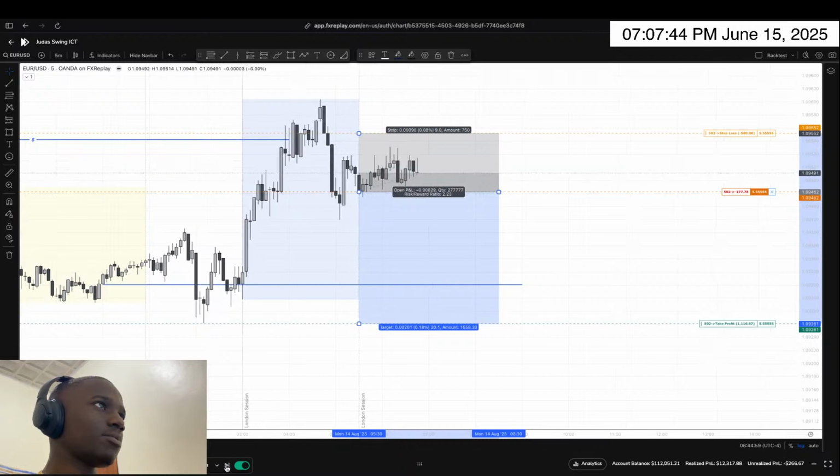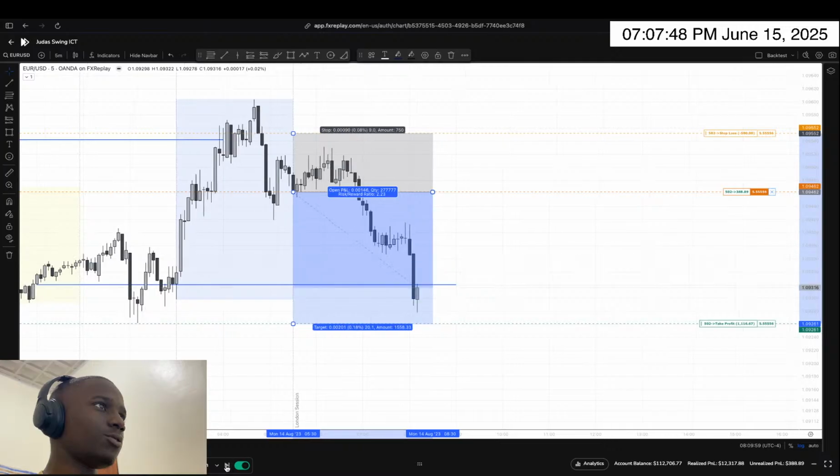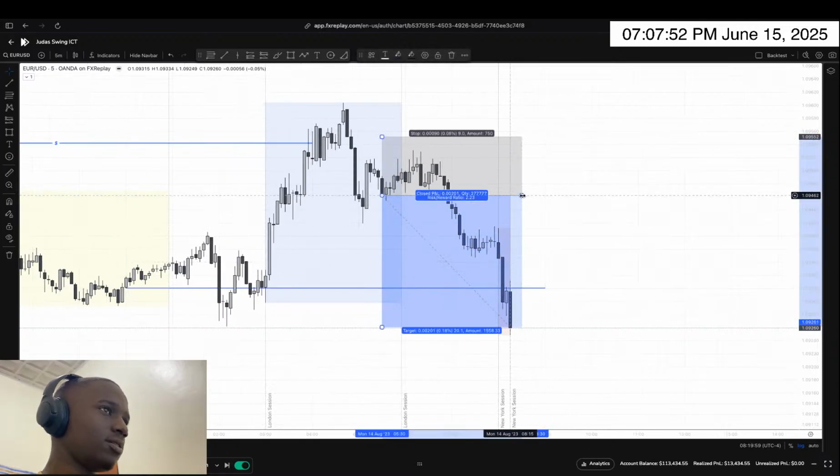It looks like the gap's about to be respected. Okay, respect it and drop, and we end up hitting take profit.